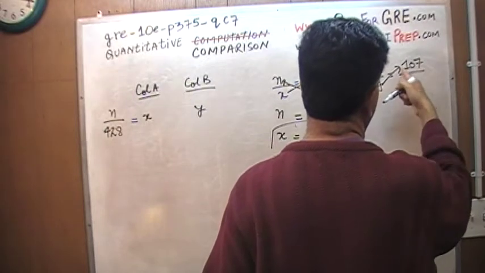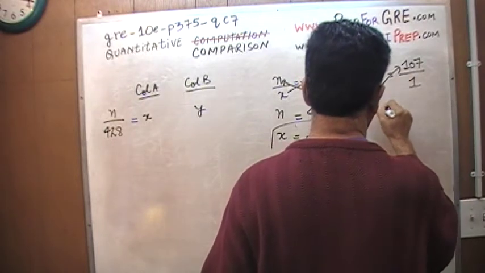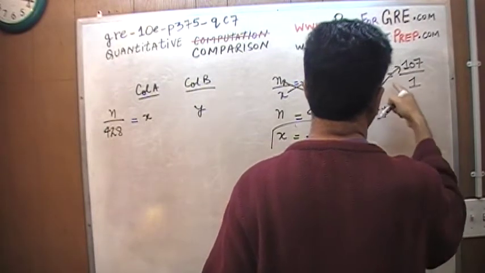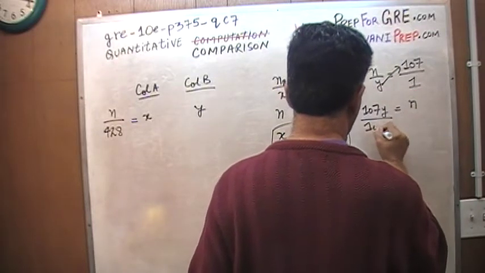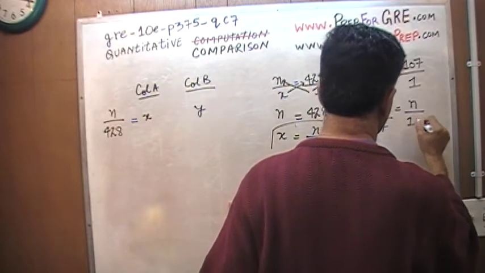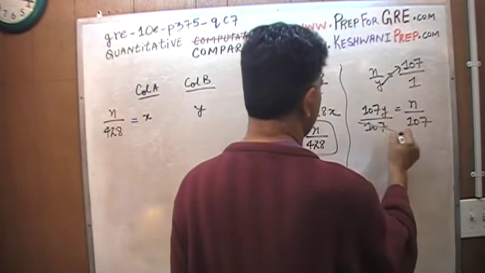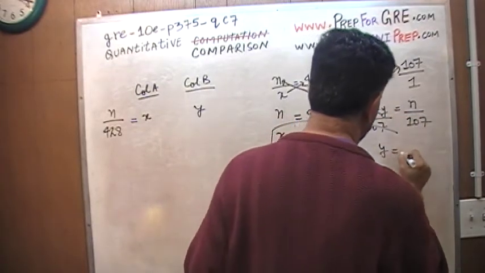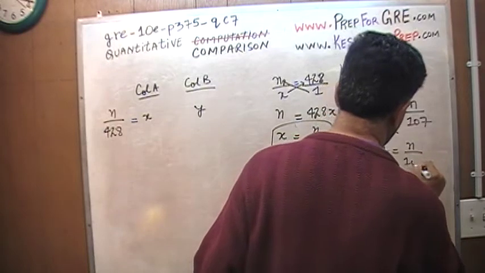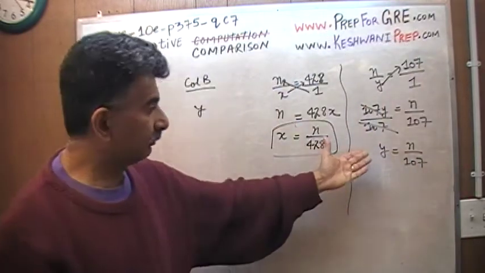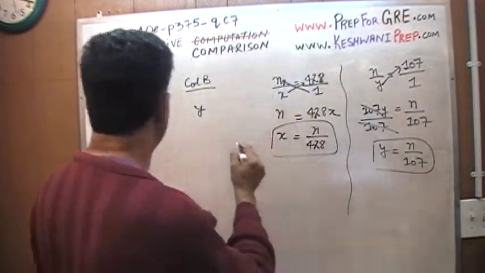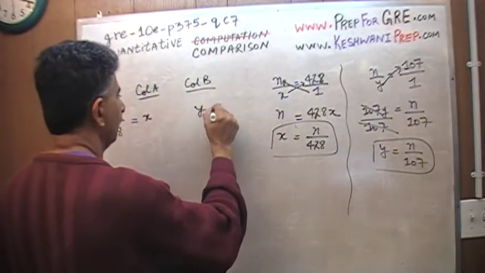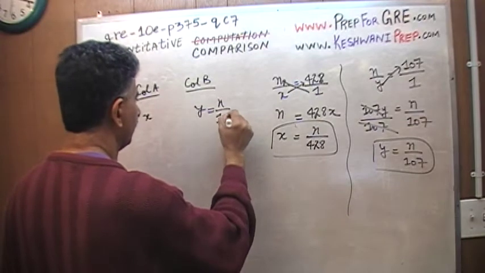So y times 107, that's 107y equals n times 1, which is just n. Now divide both sides by 107. So this 107 drops out, and your y equals n over 107.